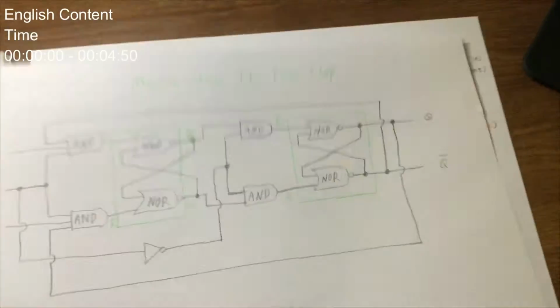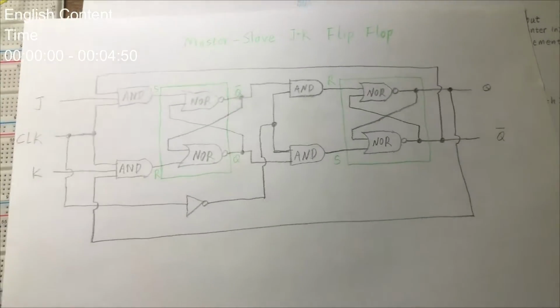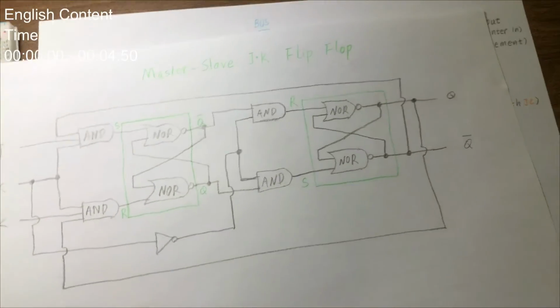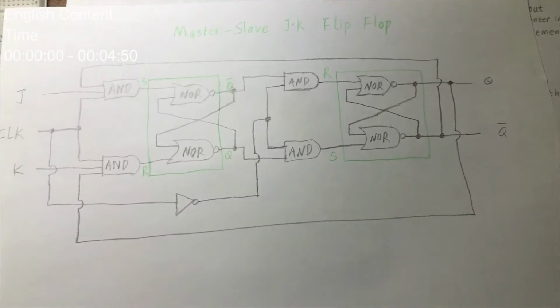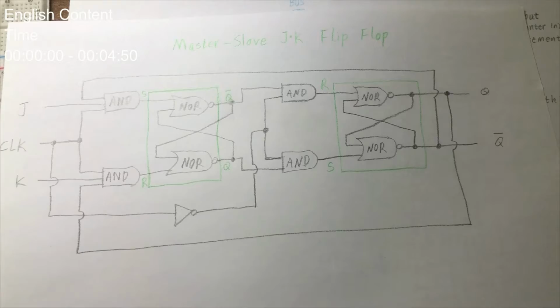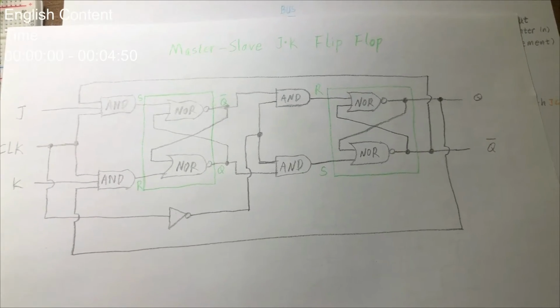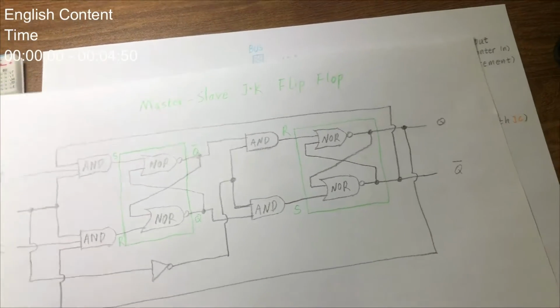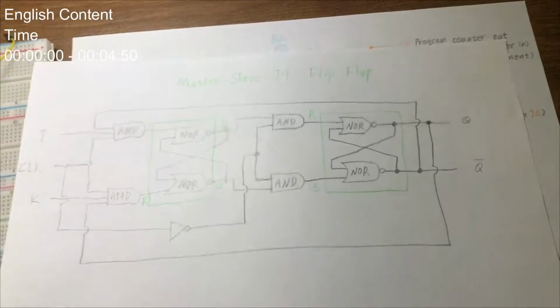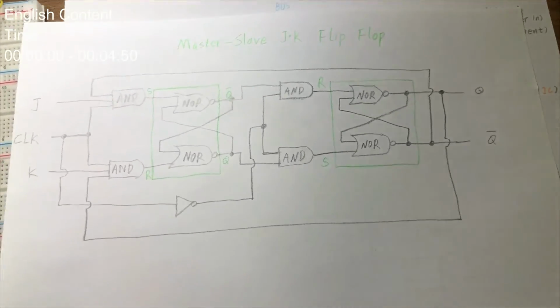And we use two of them to make this toggling state master-slave JK flip-flop. So we are going to build this.